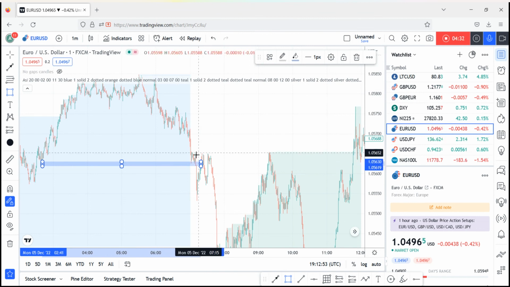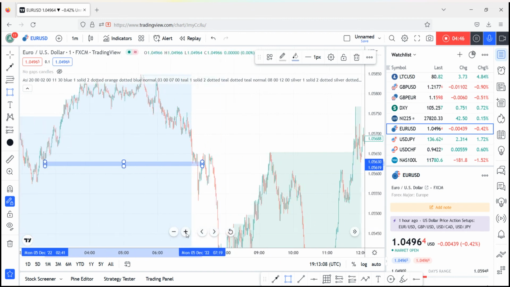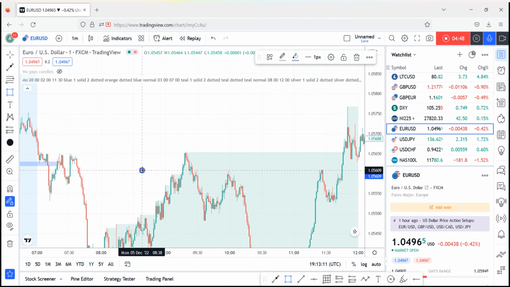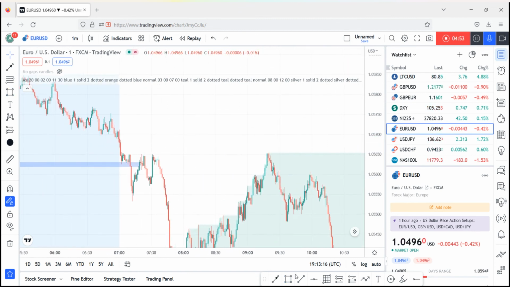Price showed some rejection and broke this demand zone. So this is a demand to supply flip, right? The supply took over control from the demand zone, broke this demand zone, and I took entry from here. That was the second entry.